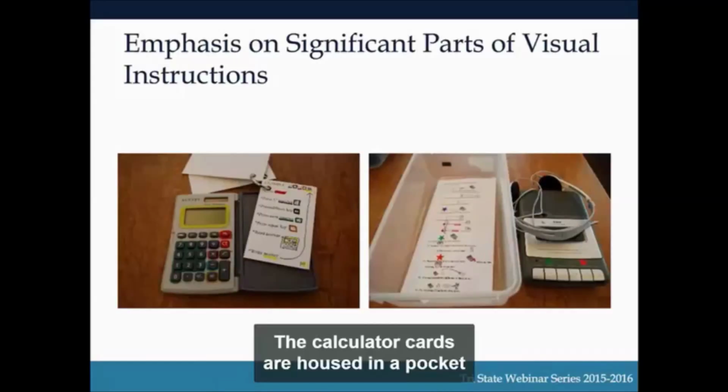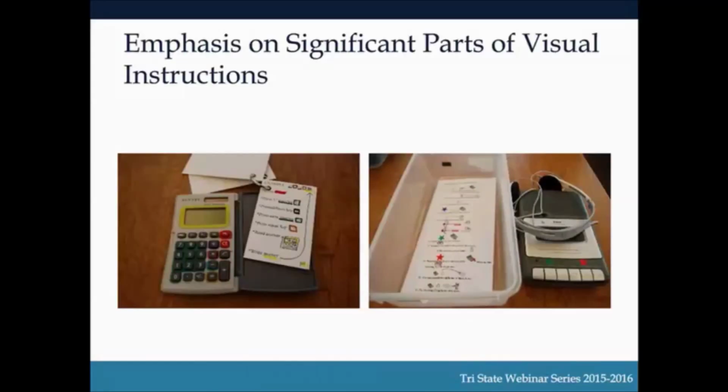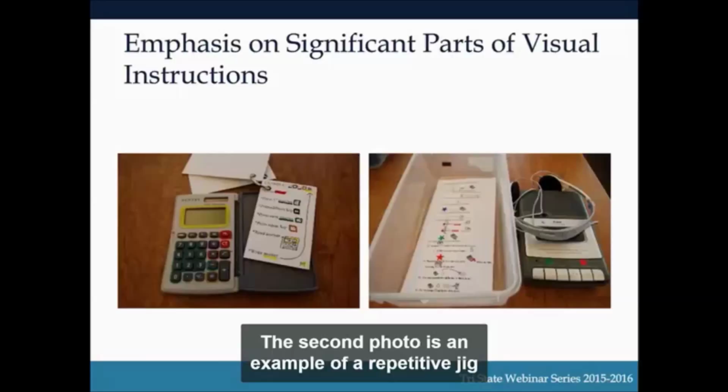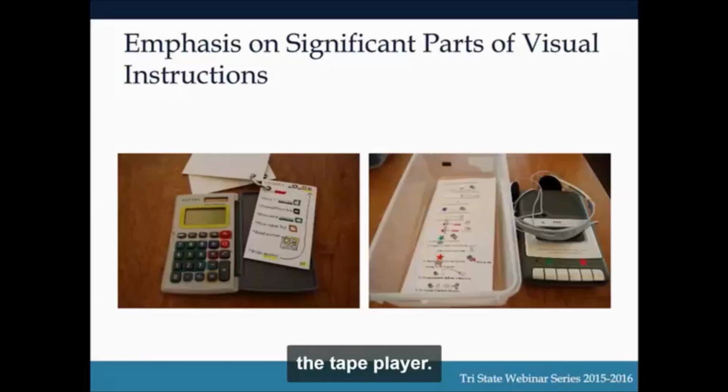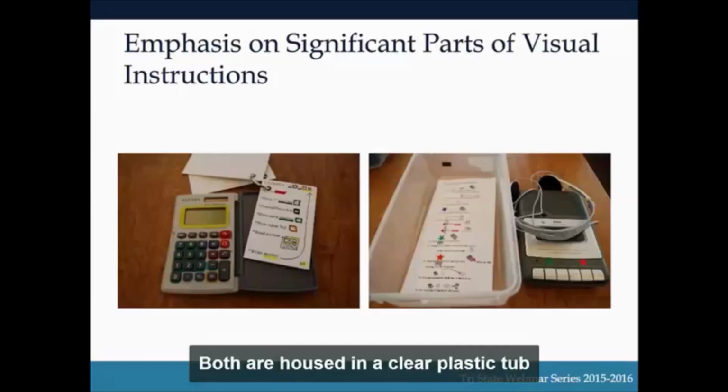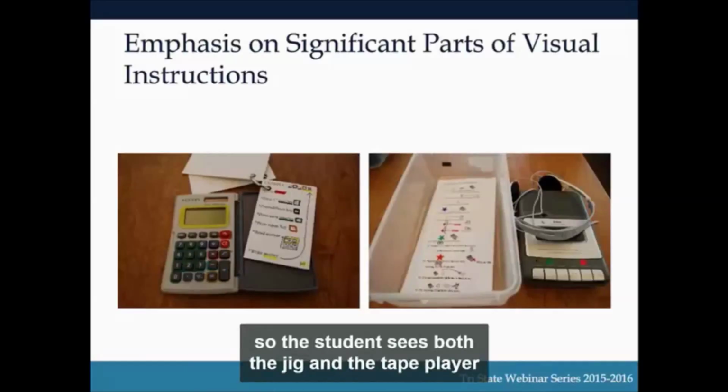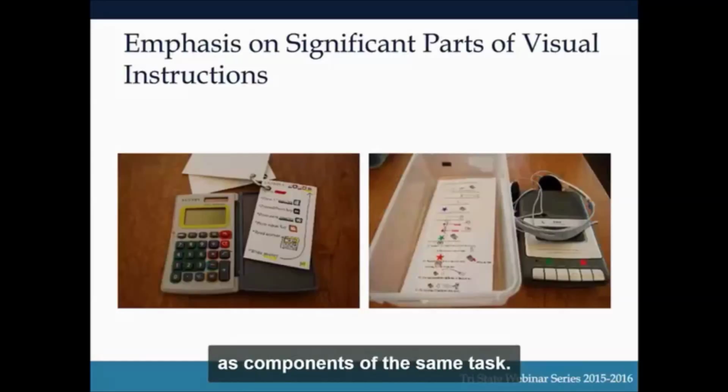The calculator cards are housed in a pocket attached to the front cover of the calculator. The second photo is an example of a repetitive jig that provides step-by-step instructions for operating the tape player. Both are housed in a clear plastic tub, so the student sees both the jig and the tape player as components of the same task.